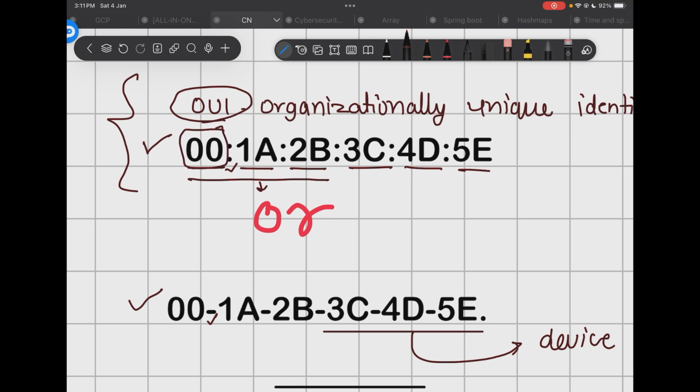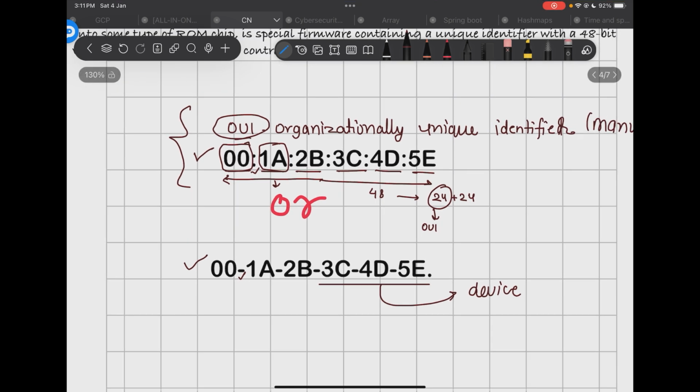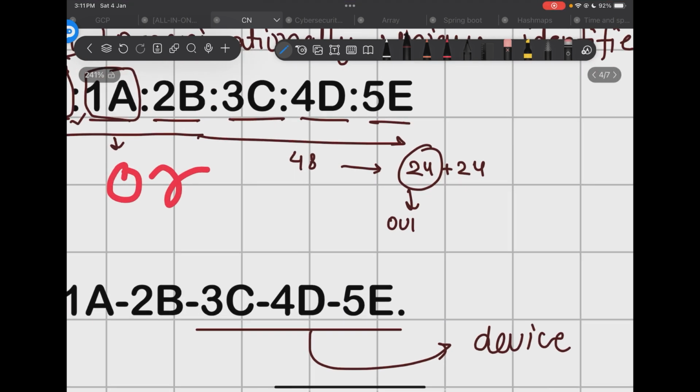As you can see, this is the hexadecimal notation I was talking about. This whole address is 48 bits, which is further broken down into 24 plus 24. The first part is called OUI, organizationally unique identifier. There's an authority called IEEE, and this IEEE authority has made it mandatory for manufacturers of the NIC.